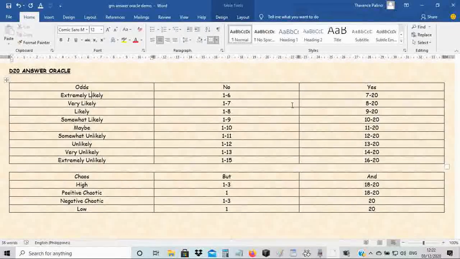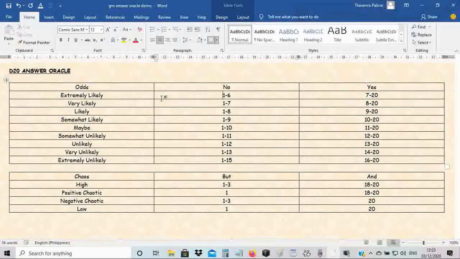You can just adjust it. Don't take this as written. You can make your own. I'm just demonstrating to you that you can make your own, and this is a pattern you can follow.